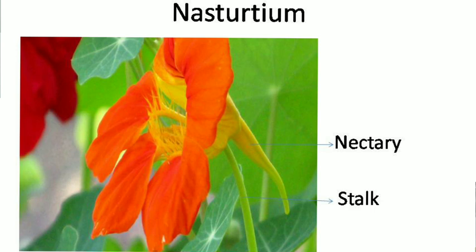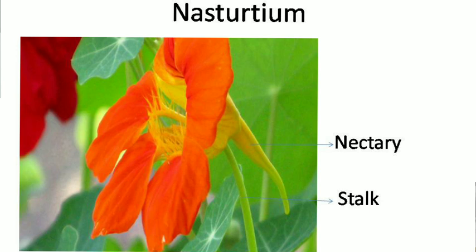In this figure, you can see the prominent nectary, and this flower is the nasturtium flower. Because of the smell of this nectar, it attracts insects for pollination.